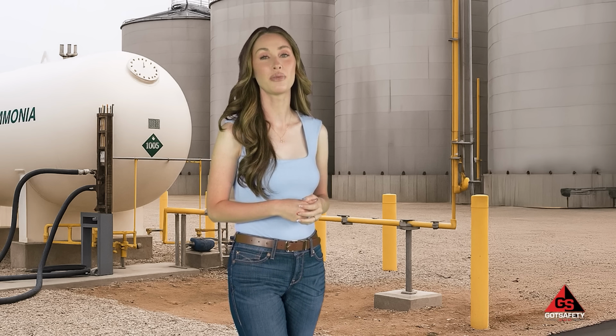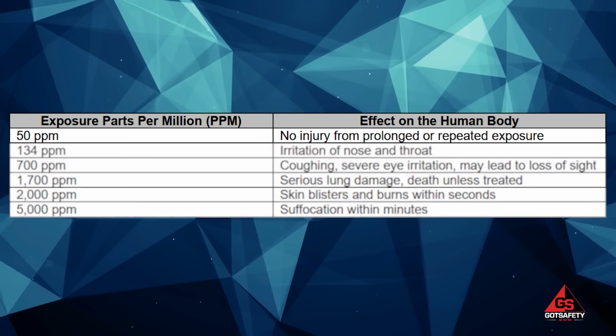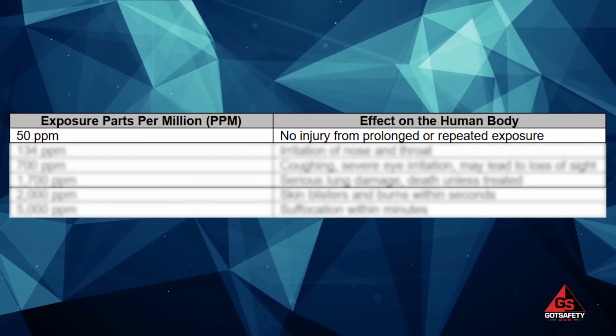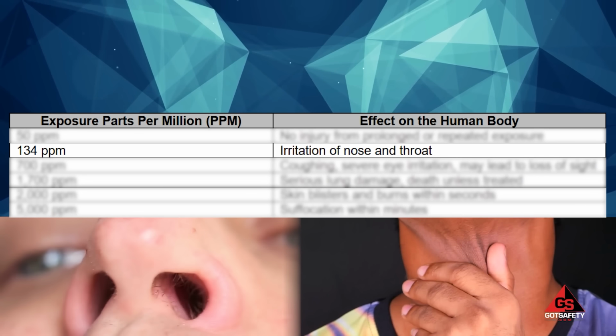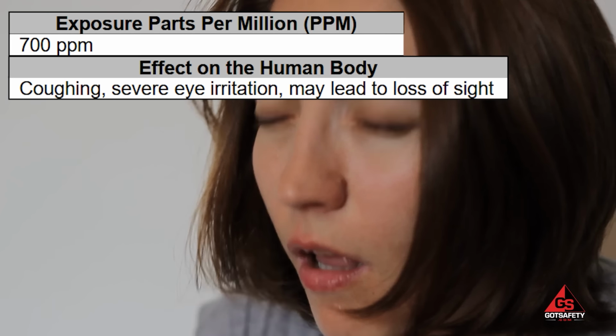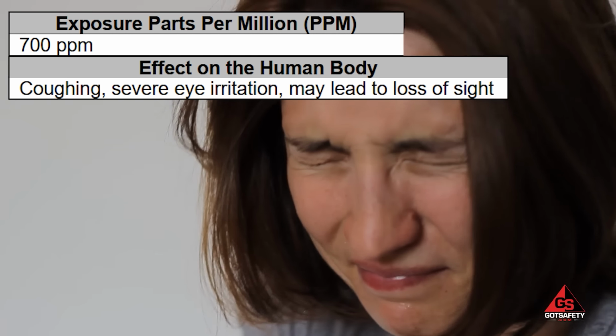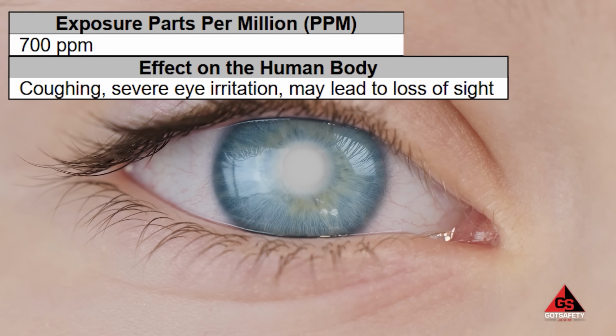Anhydrous ammonia can be extremely dangerous depending on how concentrated it is in the air. At 50 parts per million, or ppm, prolonged or repeated exposure doesn't cause injury. However, at 134 ppm, you might experience irritation in the nose and throat. At 700 ppm, the exposure can lead to coughing, severe eye irritation, and even loss of sight if not addressed quickly.